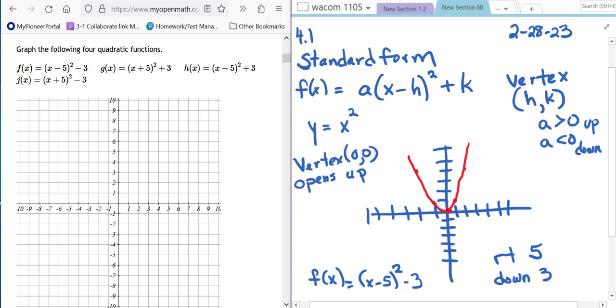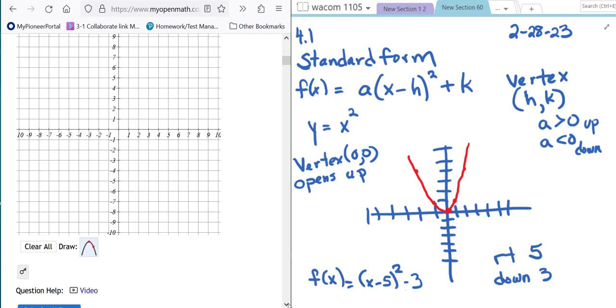I'm going to have to get a little bit more down to get my tool. Remember, when you use this parabola tool you need 2 points, and you have to do the vertex first. So I'm going to shift the vertex to the right 5, 1, 2, 3, 4, 5, and down 3, 1, 2, 3.